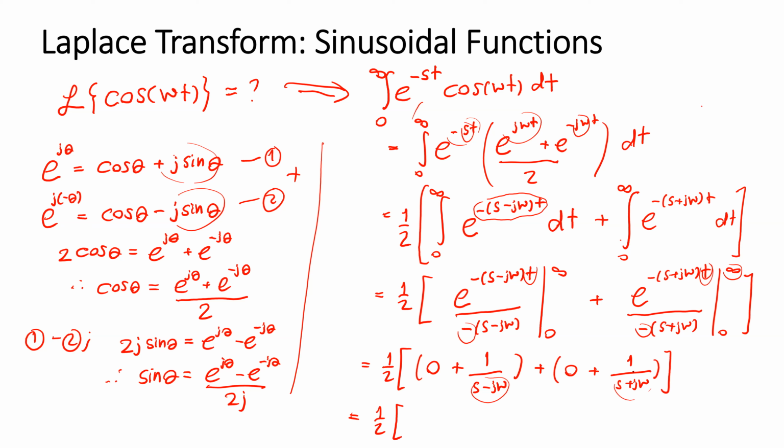We need to make the common denominator to be (s minus j omega)(s plus j omega). If we need to make the common denominator, it means the first term here needs to be multiplied by s plus j omega, and this one needs to be multiplied by s minus j omega.